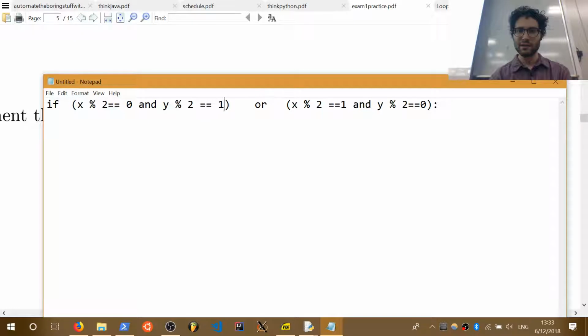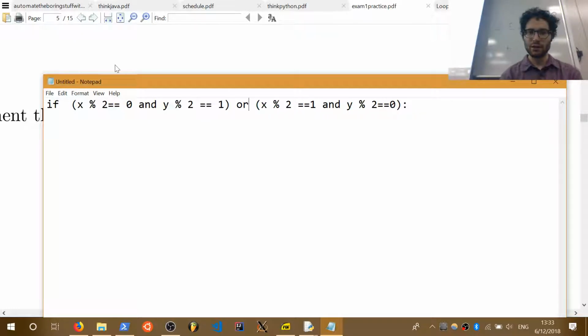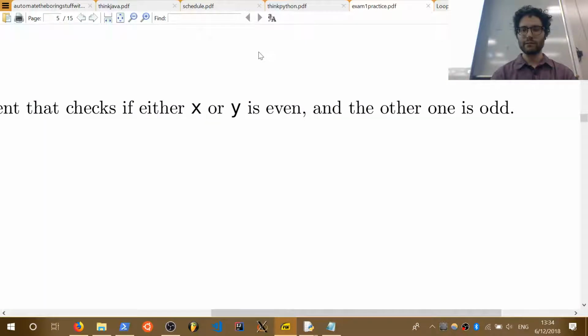Make sense? So if x is even and y is odd, or x is odd and y is even.